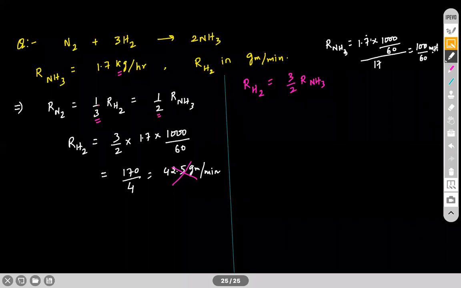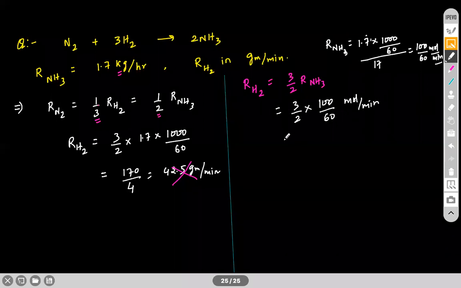Did you get it? Mole per minute. Now we can compare here. R of H2 is equal to 3 by 2 into 100 by 60 mole per minute.